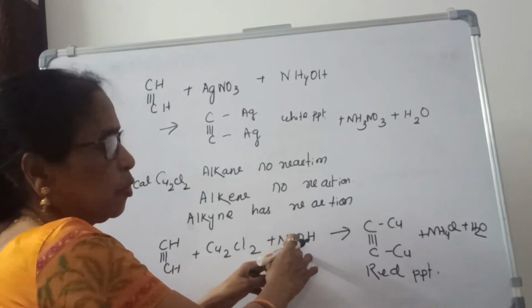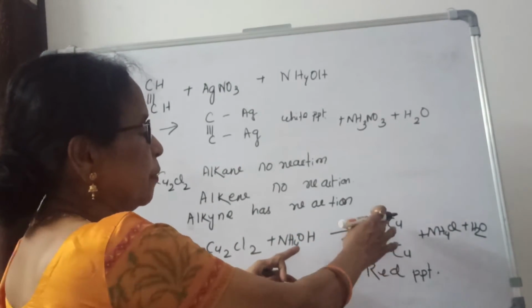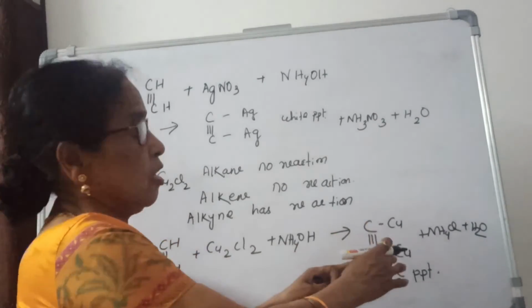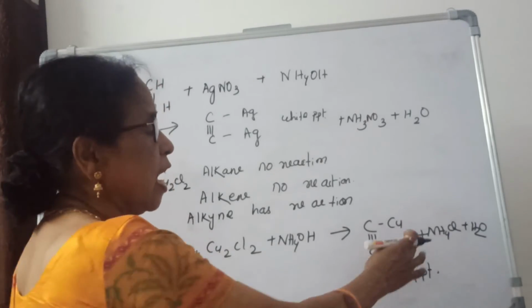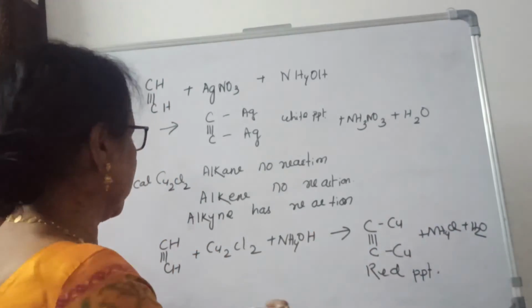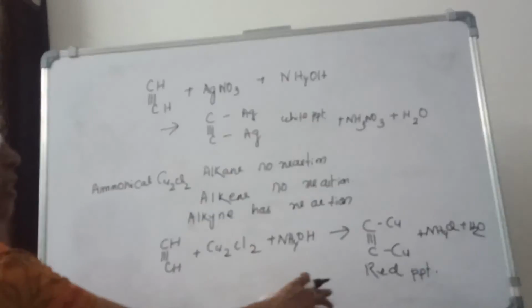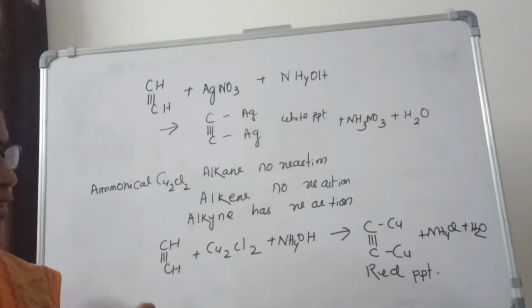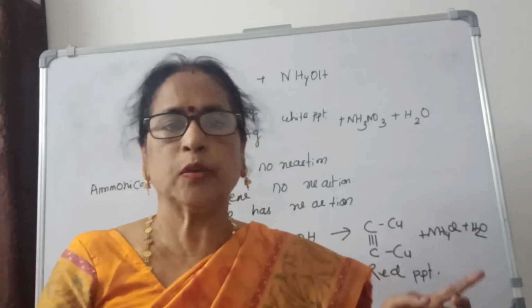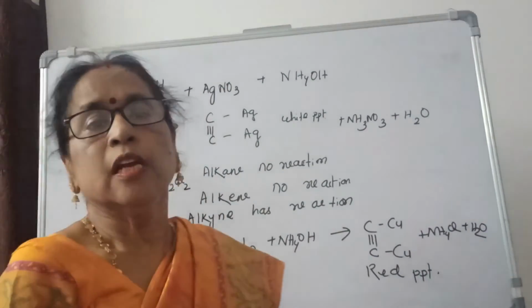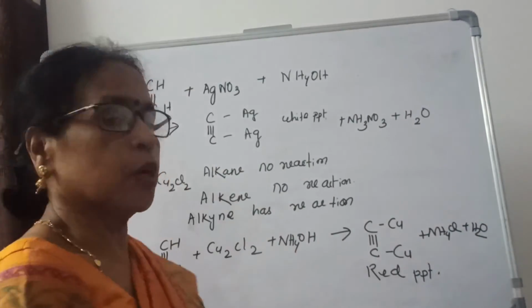In presence of ammonium hydroxide, it gives copper acetylide, that color is a red precipitate, ammonium chloride and water. Again see here, copper acetylide you are getting as a red precipitate, whereas alkene will never react with ammoniacal cuprous chloride.